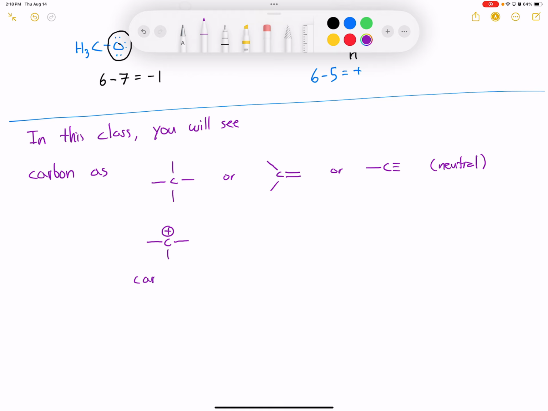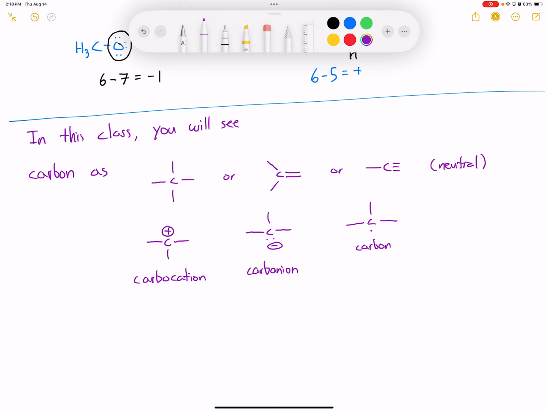So this is a carbocation. A carbanion. This is a carbon radical.